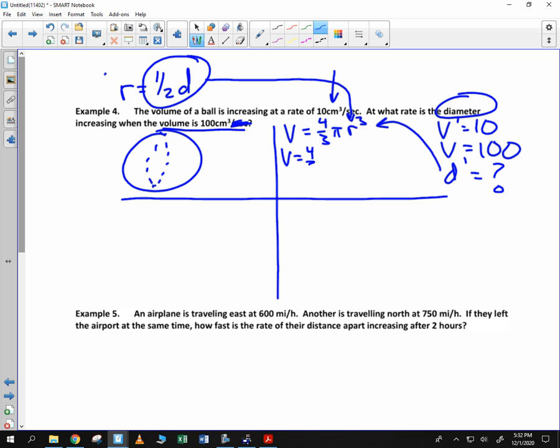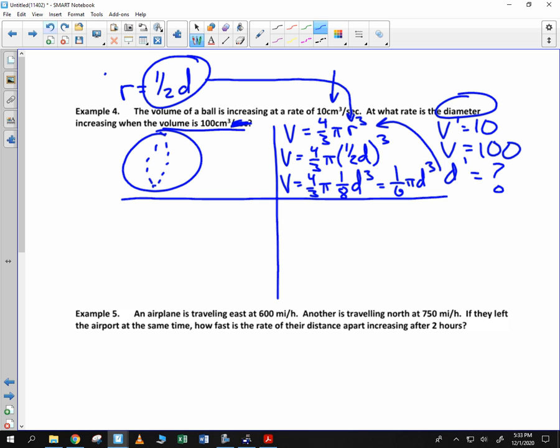Volume is 4 over 3 pi times 1 over 2d cubed. Let's multiply that out. We get 4 over 3 pi times 1 over 8 d cubed. We end up with 4 over 24, or 1 over 6. So we get 1 over 6 pi d cubed. Now I have something that involves diameter.